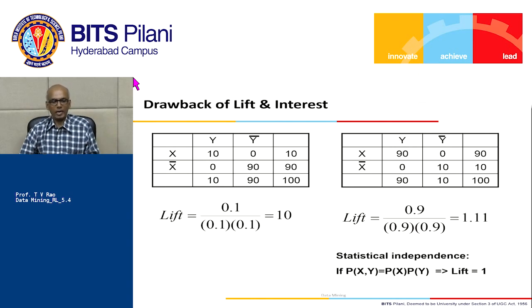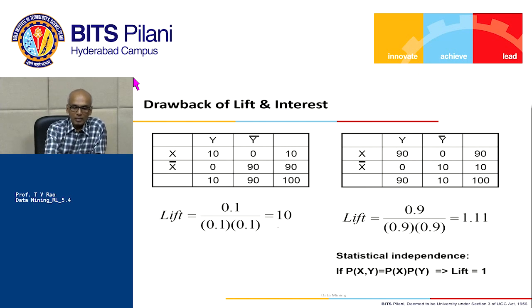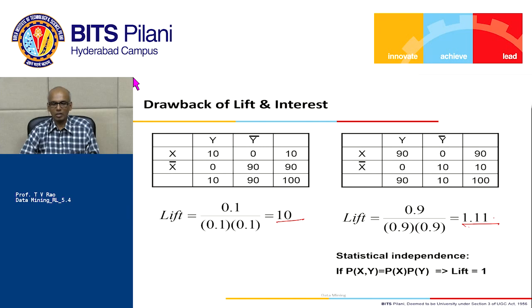So now we want to find out which one has the higher lift. So we see that in this case we are getting a lift of 10, while in this case we are getting a lift of 1.11. So clearly this should have been more interesting, considering that the majority of the documents have both the terms X and Y. But then the lift measure is giving us a lower number here compared to this.